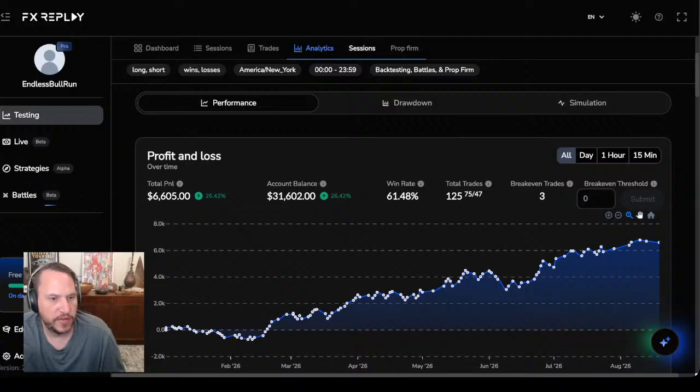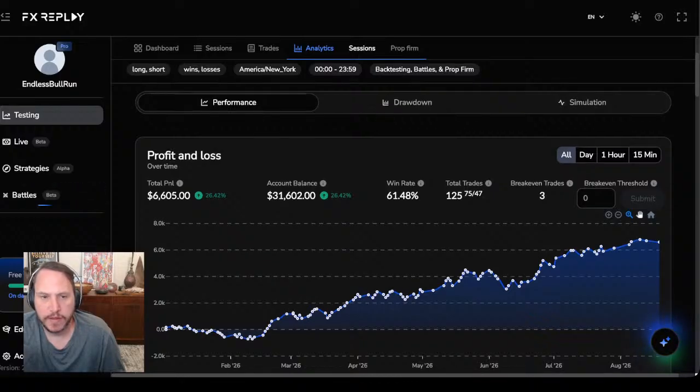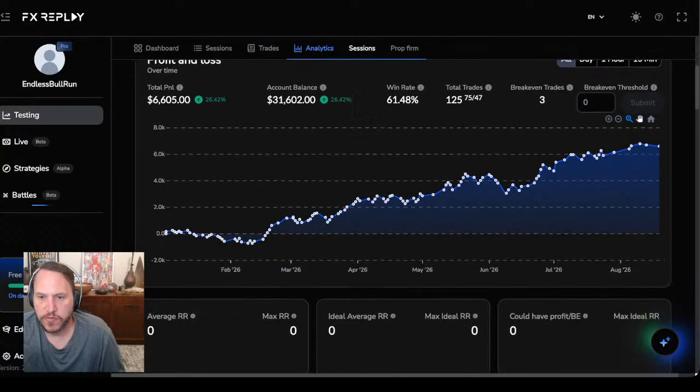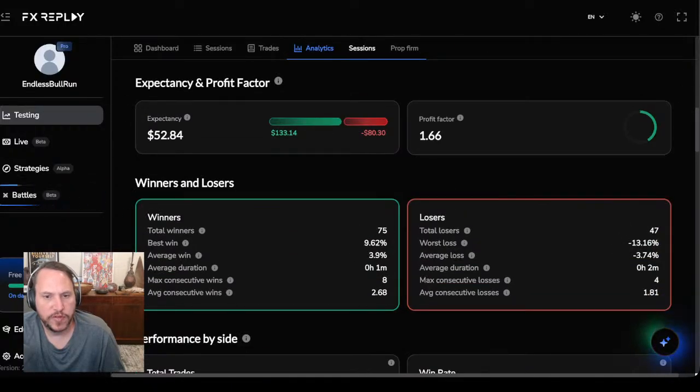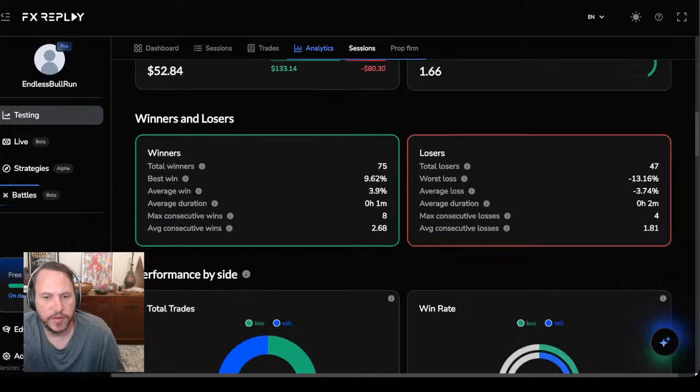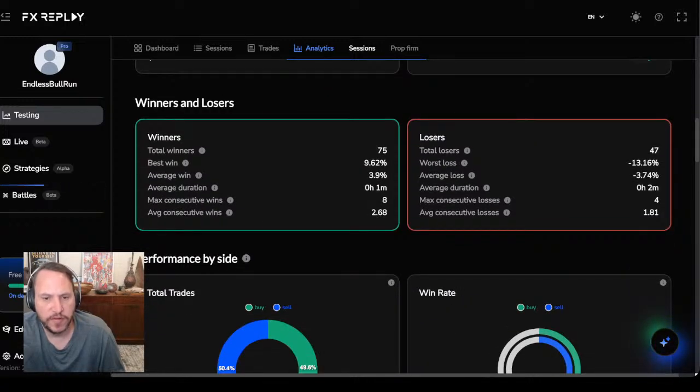Just add zeros to this and you can see how it can get out of control. $1.66 profit factor. We did have the loser. Biggest loser was during this stream. Biggest winner also was during this stream. I like this average duration of the trades, 1 minute. If we're in the trade longer, it looks like we're going to lose it.